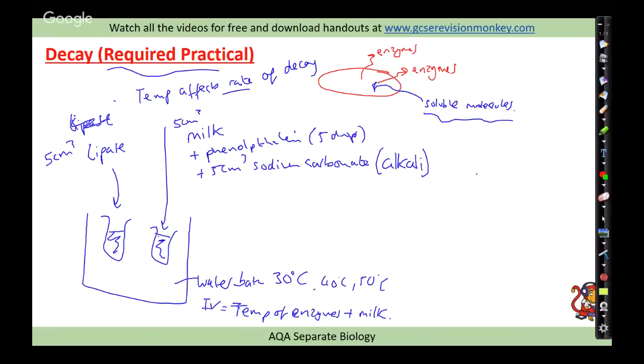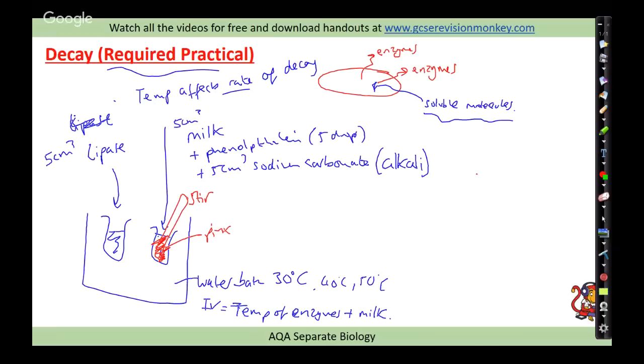Now, first of all, this will go a pink colour because of the sodium carbonate and the fact that it's an alkali. So this phenolphthalein will go pink, and when the pH lowers to a certain endpoint, it will go colourless. So we make sure we put our rod in to stir and make sure it's even.